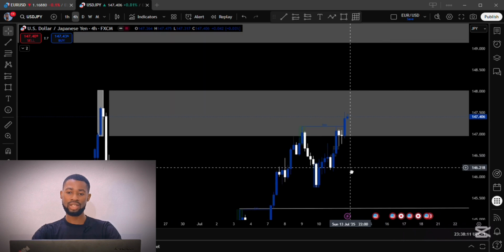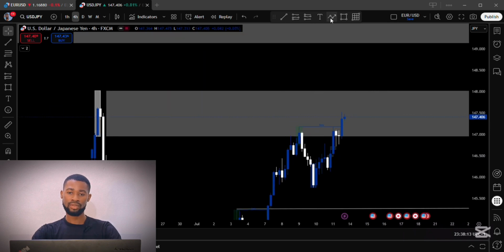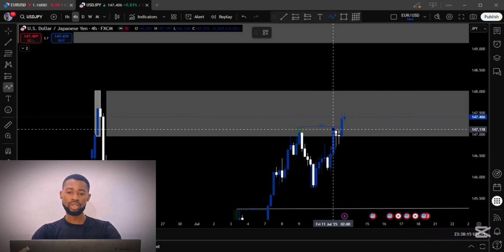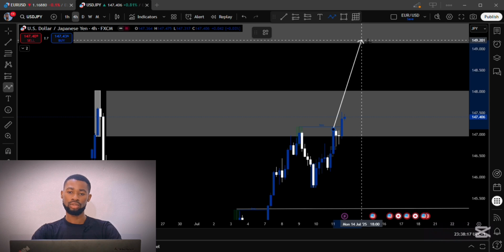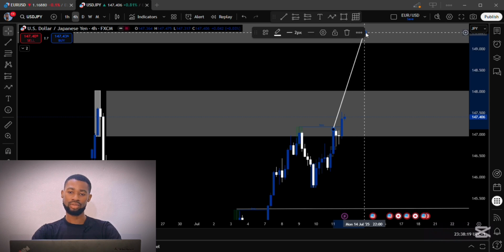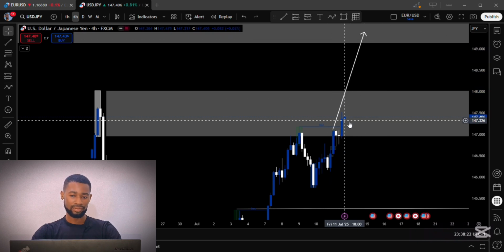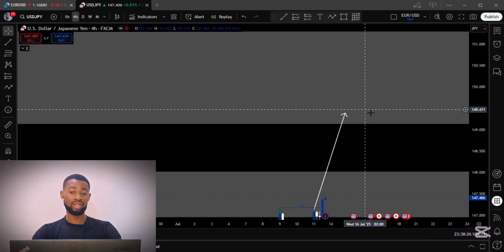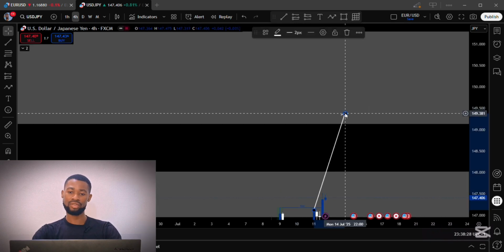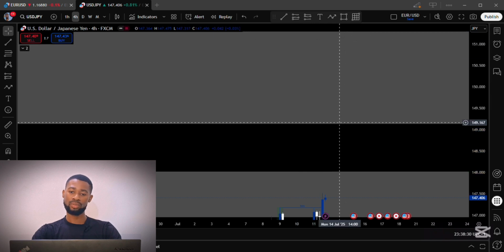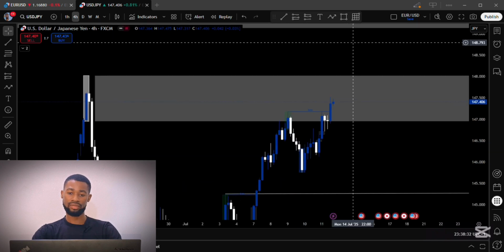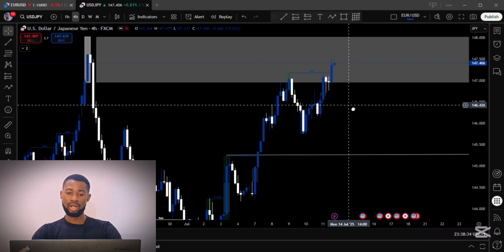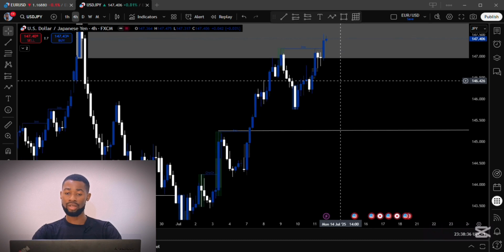So we have one, up to this point again. Can it break through this? If it breaks through this, would the force be strong enough to still break through this daily area of supply? So most likely at this point we are looking at reversals. Okay, reversals. However, what can we do to confirm our reversals?